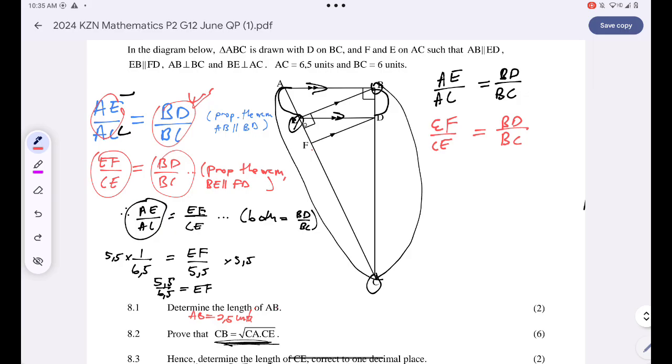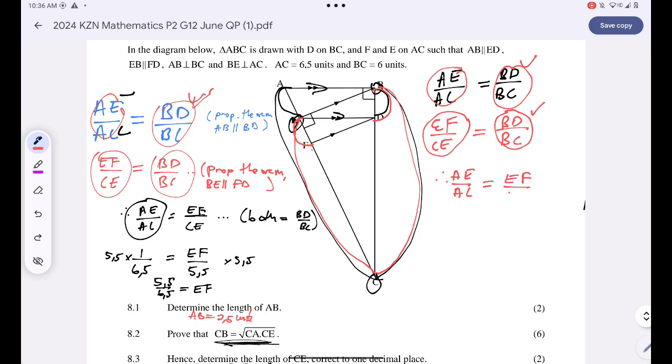I'm focusing on this triangle now. So I can see that BD over BC is a common ratio. Since this ratio is equal to BD over BC, and the other ratio is also equal to BD over BC, I can therefore conclude that these two ratios are also equal.